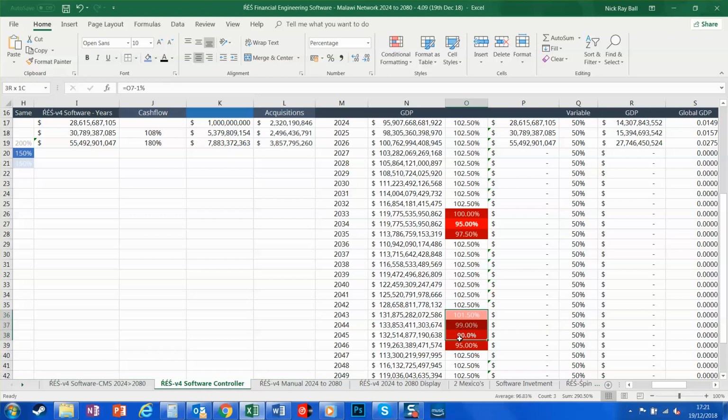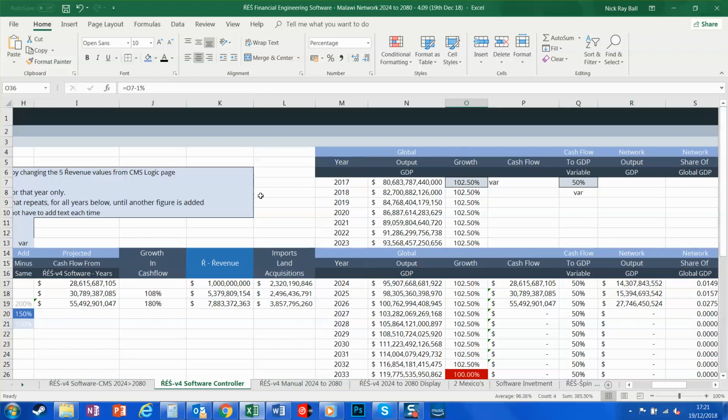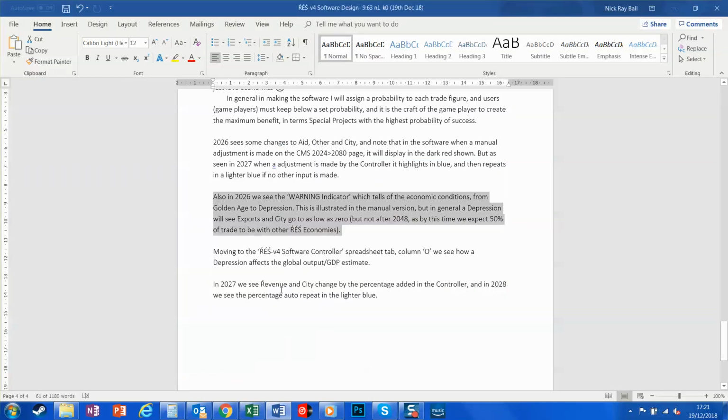This will actually be a variable, so one will be able to change this, how one wishes to show a recession.